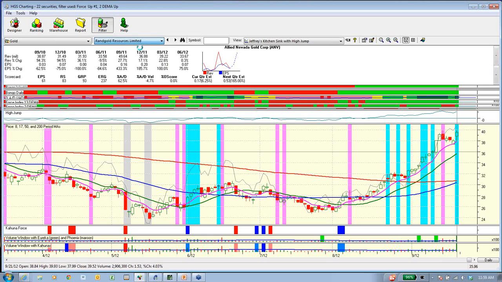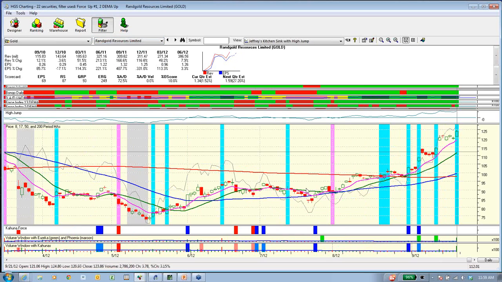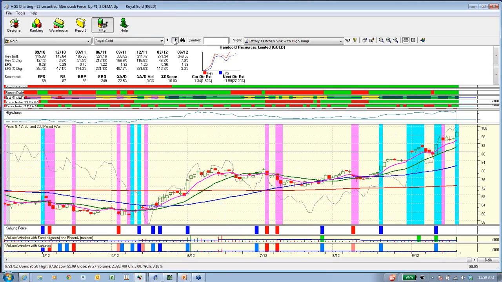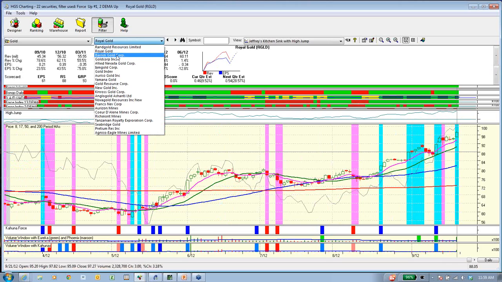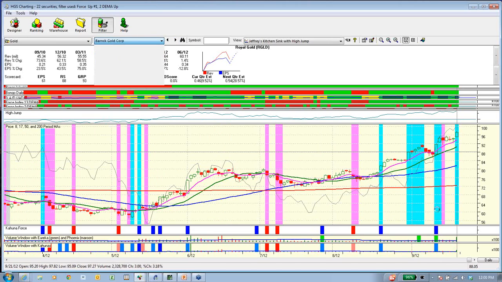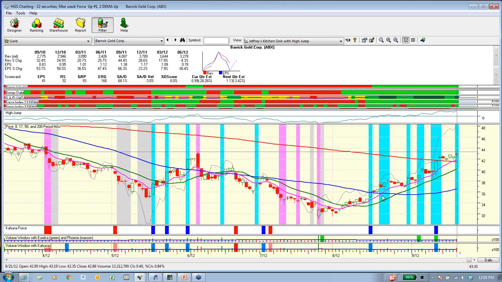Other things up on the list, Randgold is an expensive one, but a similar pattern at a higher volume, and you could see pull back, pocket pivot, moving again, but at the top of the high jump, not a big surprise as the sector is up there as well, or at least the ETF was. Same thing with Royal Gold, similar pattern. A lot of the other golds, like Barrick, have had nice moves, but they started below the 200-day moving average and are just getting above that.